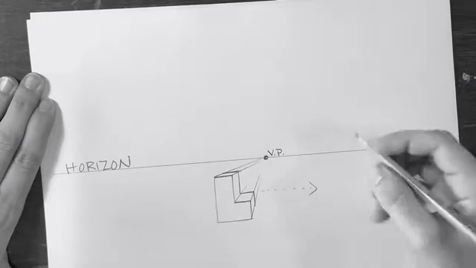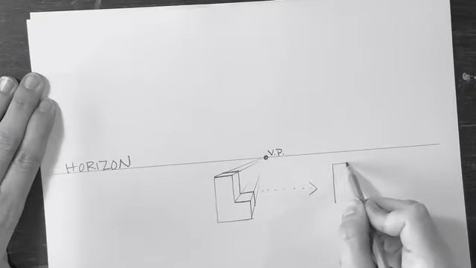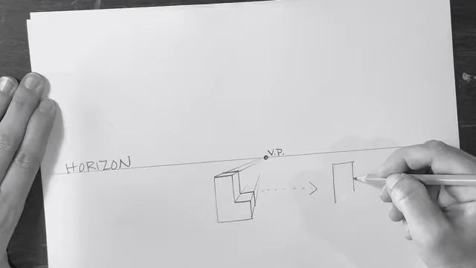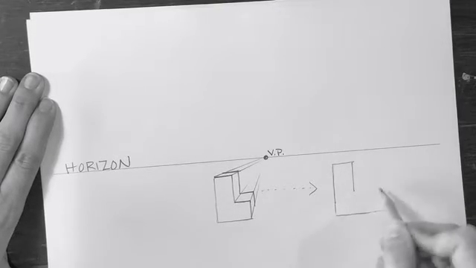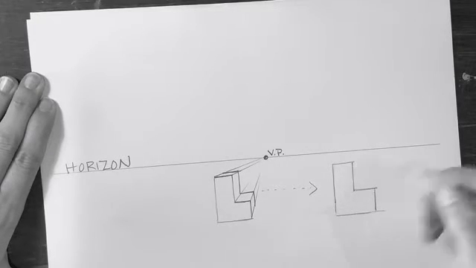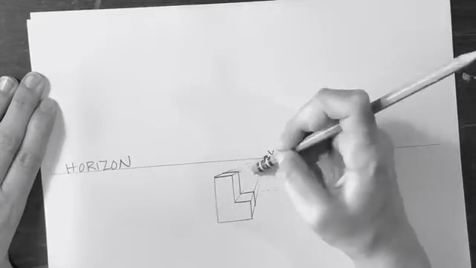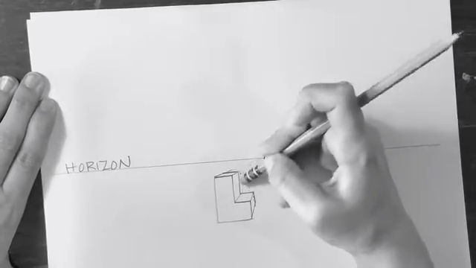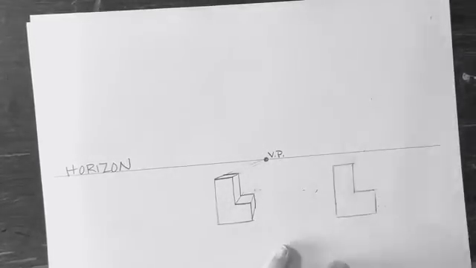I'm going to move that L over here to the other side of the vanishing point. That's going to change the way the L looks. If you've been following along drawing that L and you didn't position it exactly where I positioned mine, your L might look slightly different. If you followed the directions correctly, using the vanishing point, then you've done it right.